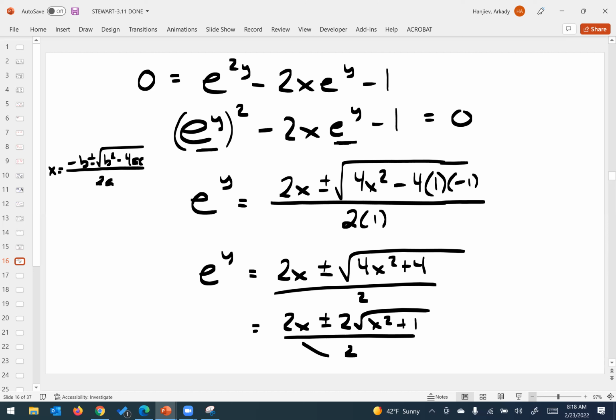I can cancel the 2's directly, except I have to cancel with every single term on top. We good? Or the sophisticated, correct mathematical way of doing it is you factor out a 2 first, and then you cancel off the 2's on the side. We good? So quick method or the proper mathematical method. Okay, so what are we left with?